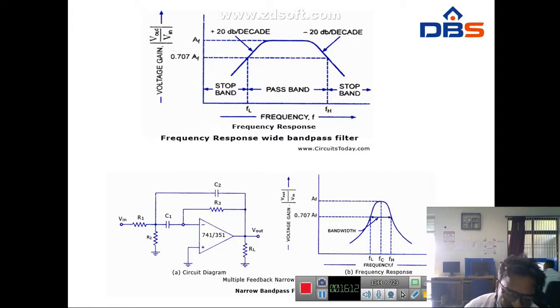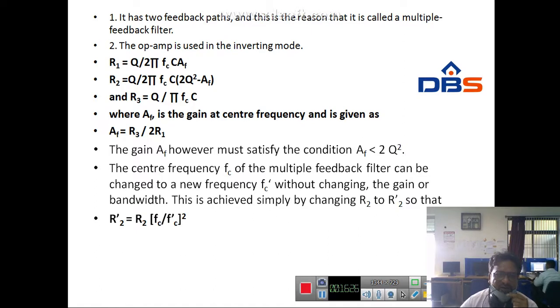R2 is equal to Q by 2 pi Fc C into (2Q square minus AF), and R3 is equal to Q by pi Fc into C. The op amp is used in the inverting mode. This determines the R1, R2 and R3 values.